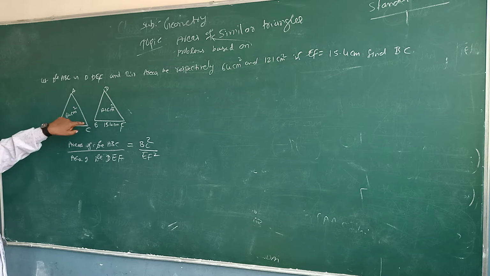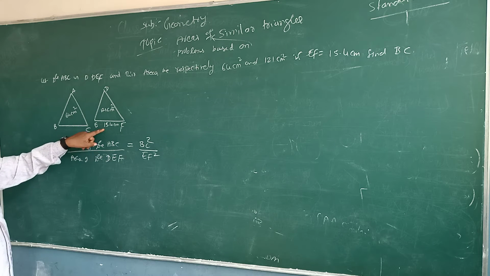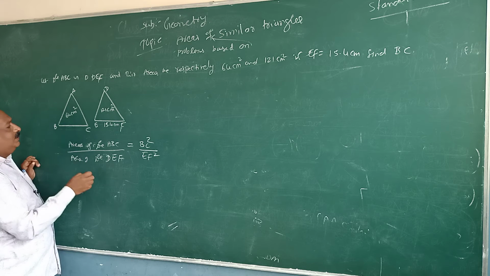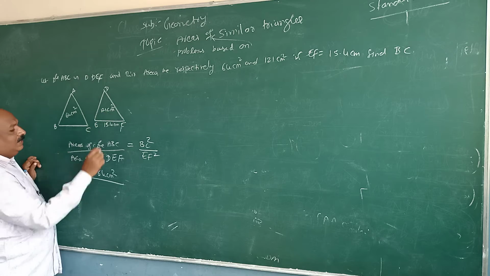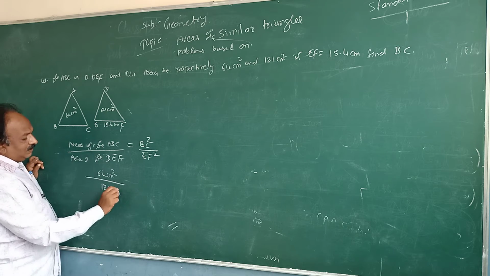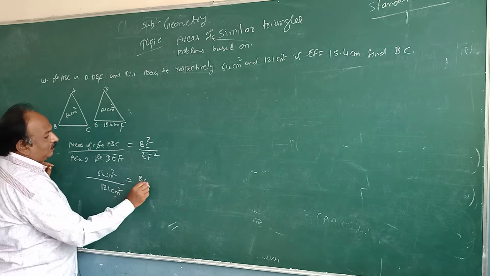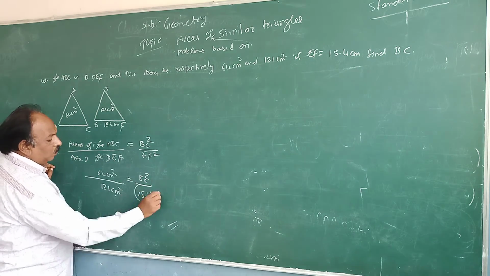If they give AC, DF. Here it is given EF, so the corresponding side of EF is BC. What is the area of triangle ABC? 64 cm square. The area of triangle DEF is 121 cm square, equal to BC, which we don't know, over EF, which is 15.4, whole square.